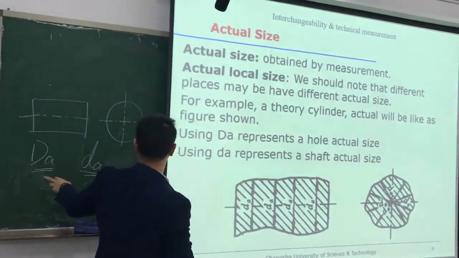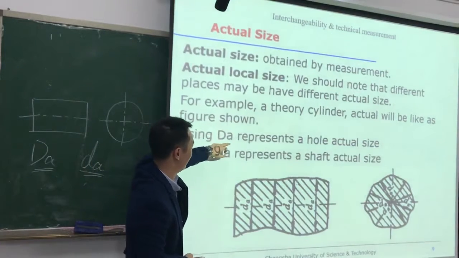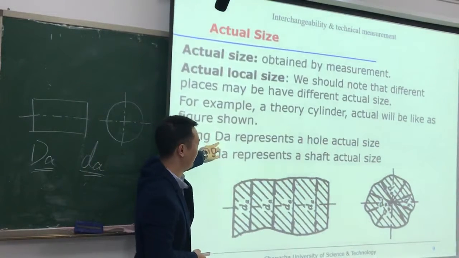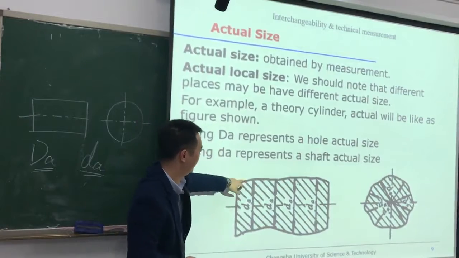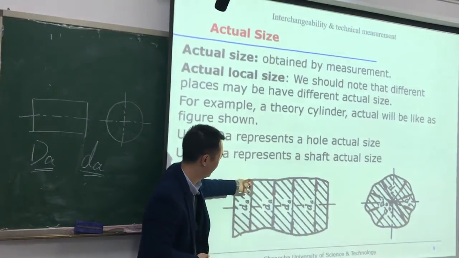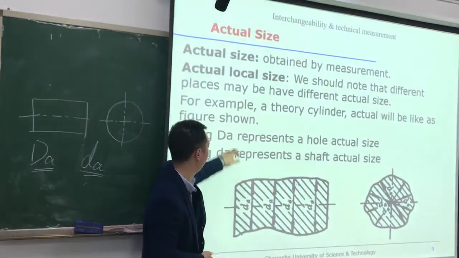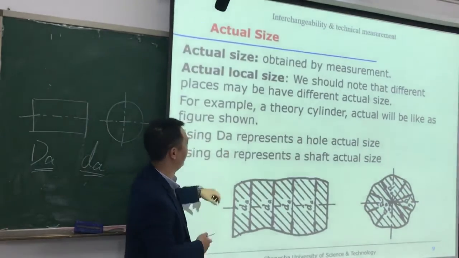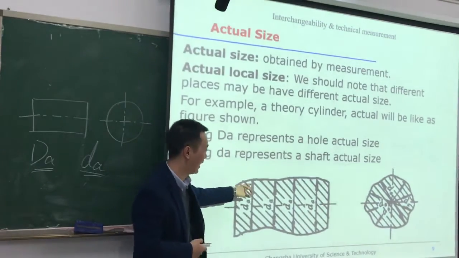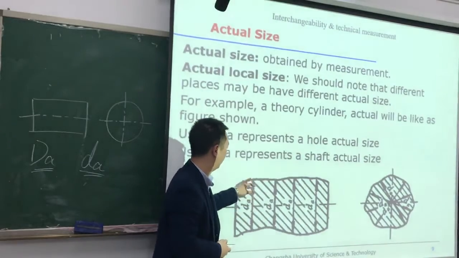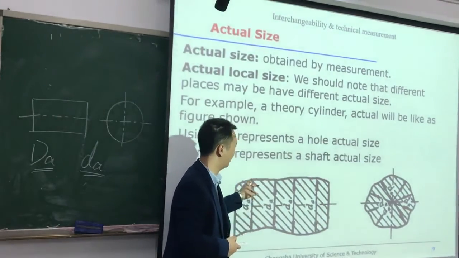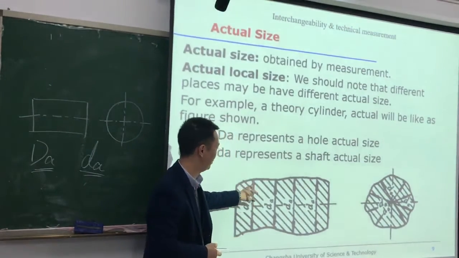For example, here we use the capital D. The D is the size of the hole, and then we use the footprint to say it's the actual size of the hole.